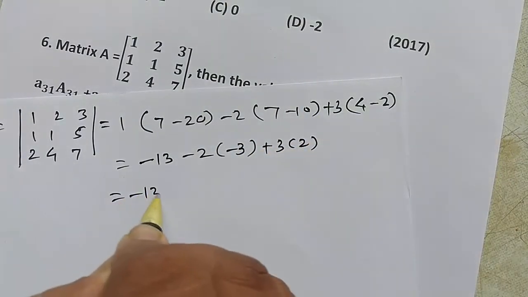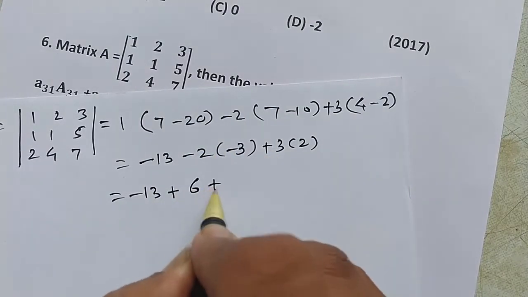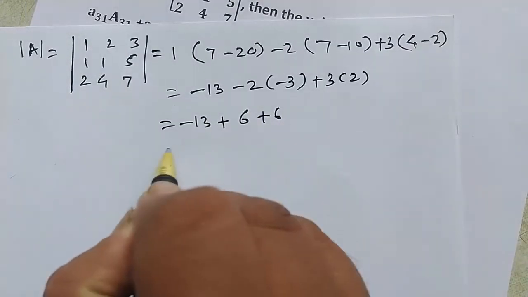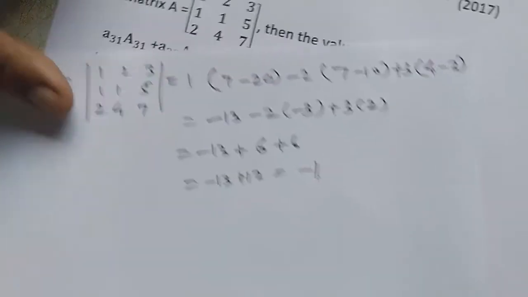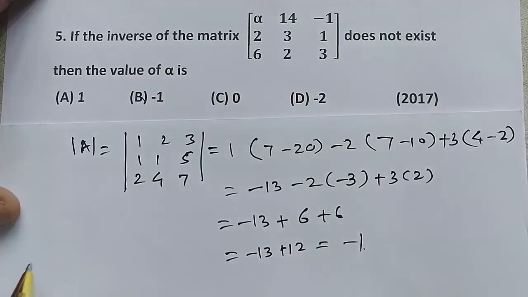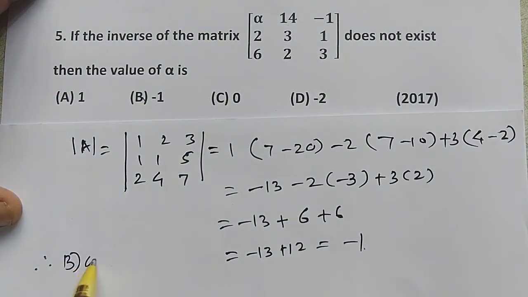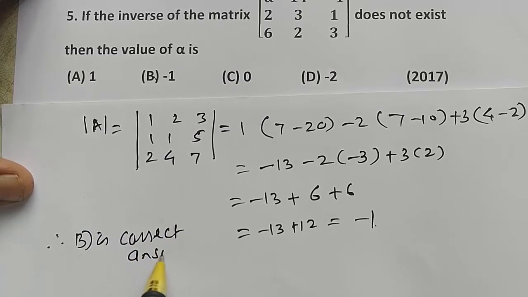So it is minus 13, minus becomes plus 6, plus 6. So this is equal to minus 13 plus 12, which is minus 1. So answer B is the correct answer.